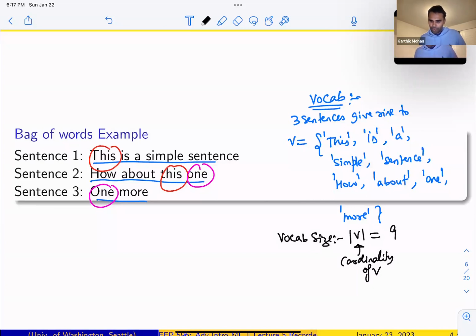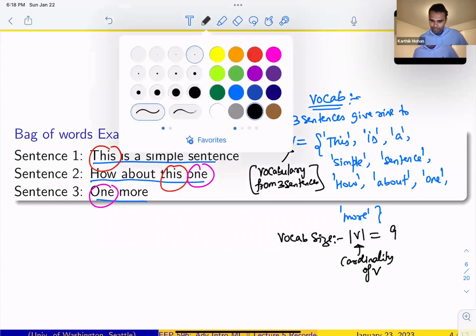So now what we're going to do is we're going to take each sentence and represent it in terms of the vocabulary using the bag of words model. It is very simple, it's very intuitive, and you'll see how easy it is to understand bag of words.